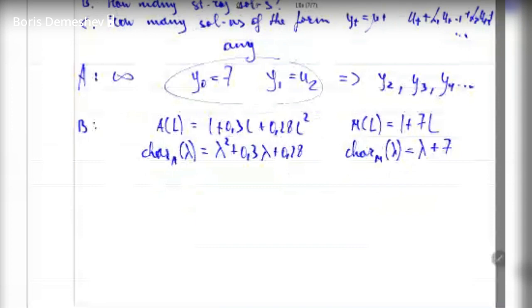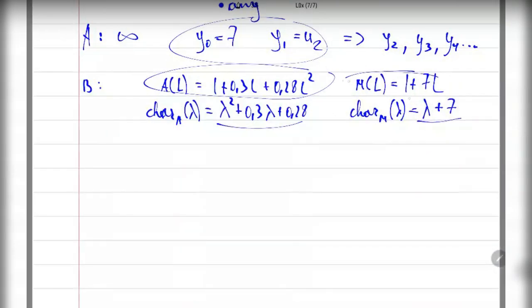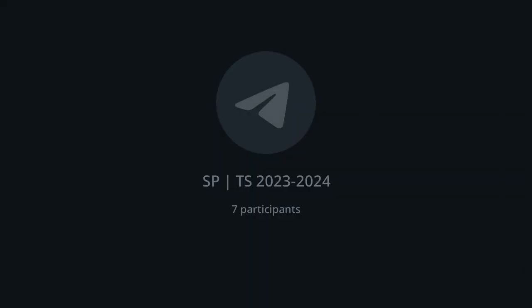Okay. So let's check. Do they have common roots? You can check the common roots of characteristic polynomials. So A and M will be coprime if and only if characteristic A and characteristic M will be coprime. Yeah, you can check that.